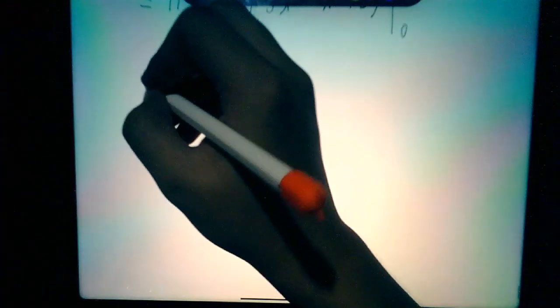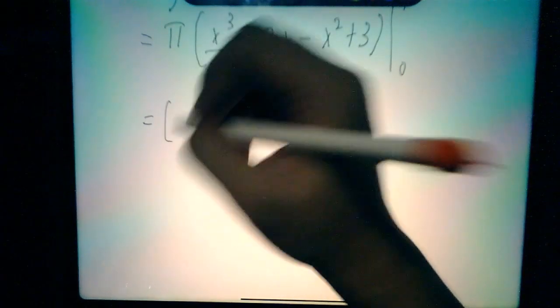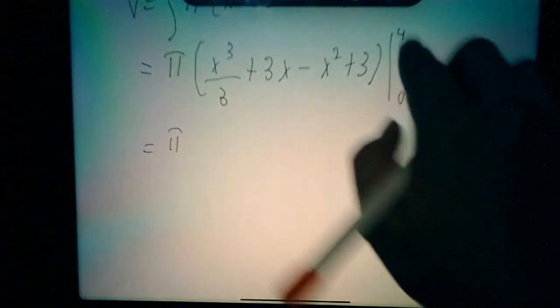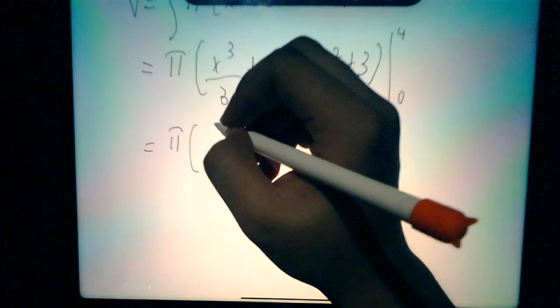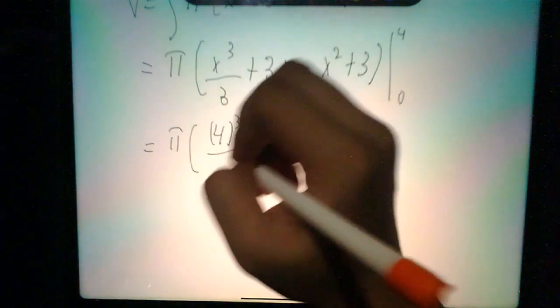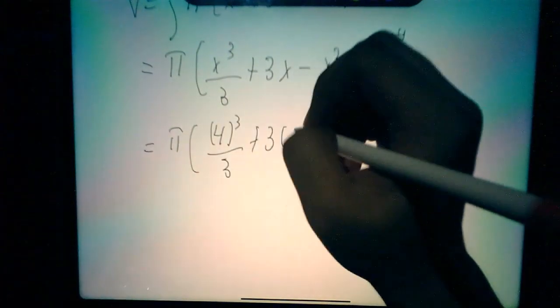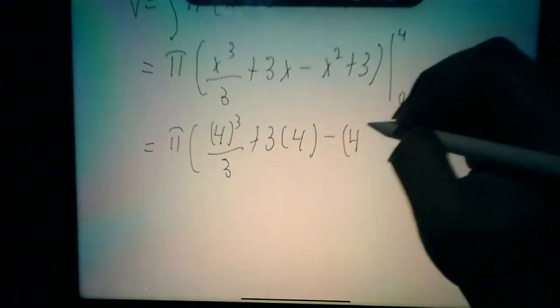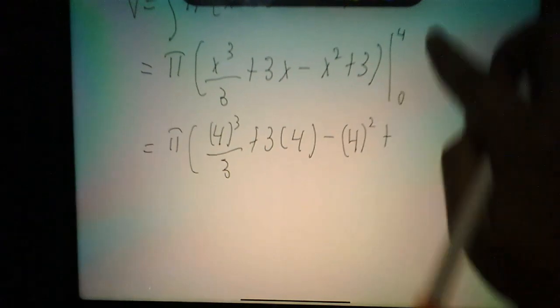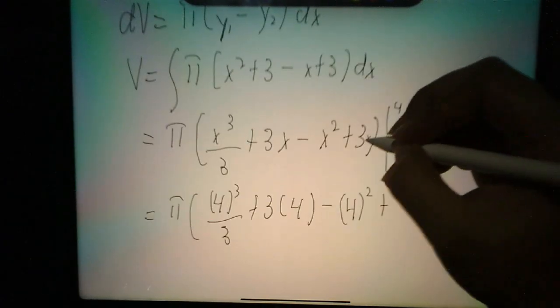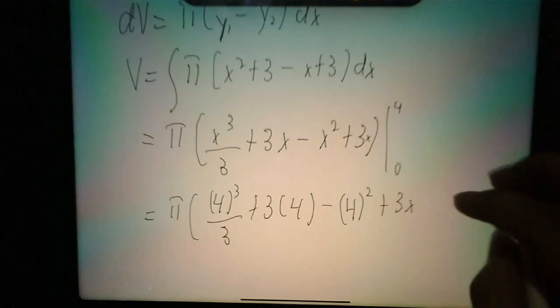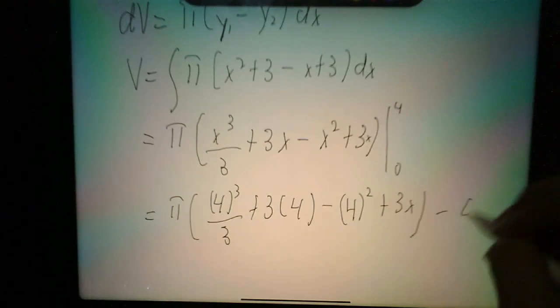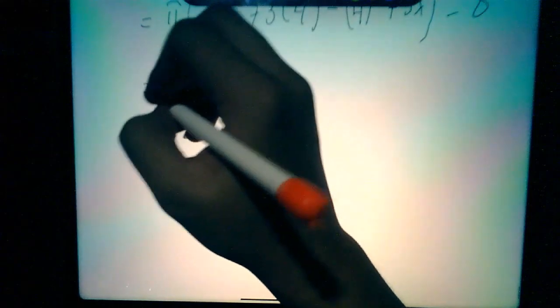So by substituting the value 4 for x, this will become 4 raised to 3 over 3 plus 3 times 4 minus 4 squared plus 3 times 4, minus 0.